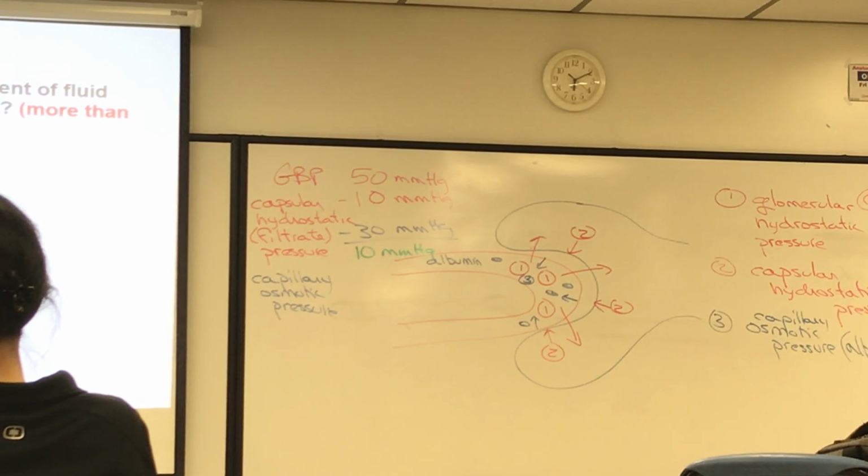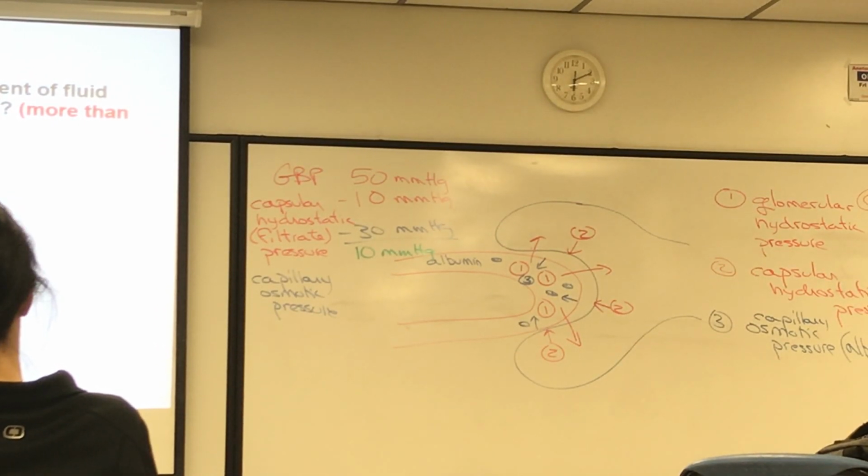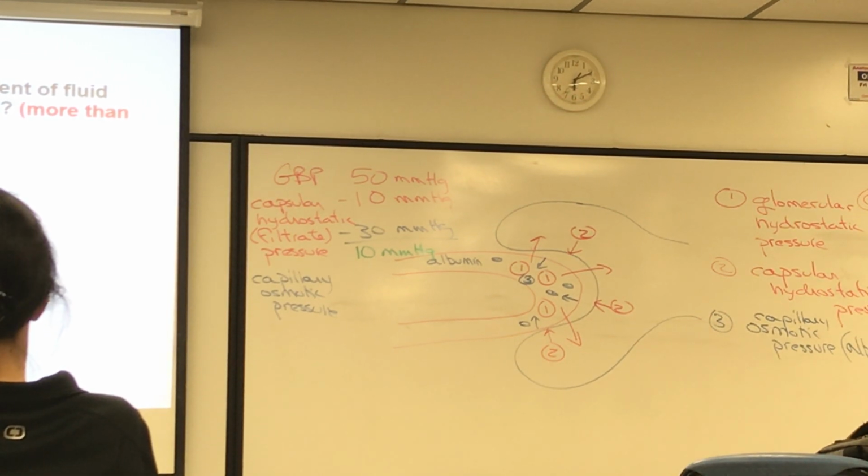All right, so which of the following oppose the movement of fluid from the capillary into the glomerular capsule? You can read that in the math problem I put up on the board. Okay. So what reduces the glomerular filtration pressure, the hydrostatic pressure, from 50 to 10? What would capsular osmotic pressure do? Do I have capsular osmotic pressure up on the board anywhere?